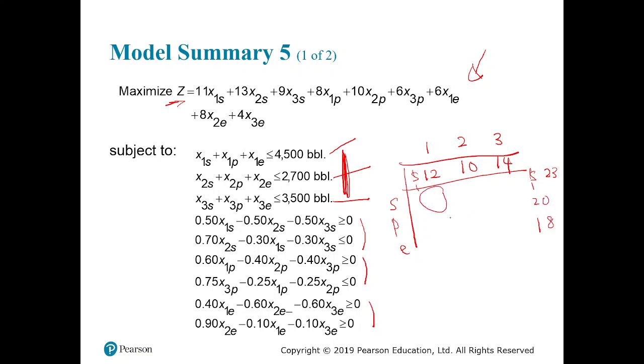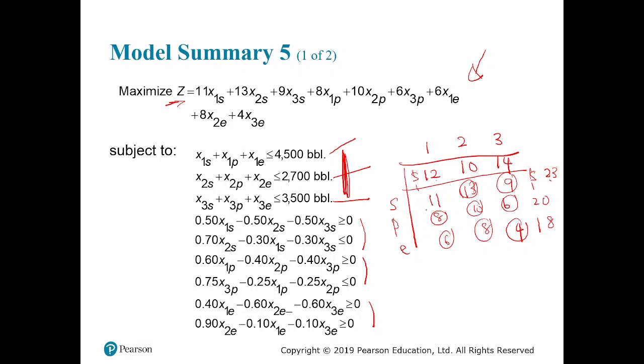So what we want inside these 9 cells is actually the profit, which is taken by the selling price minus the cost. So the first one is 23 minus 12, which is 11. Then 23 minus 10 is 13, and 23 minus 14 is 9, and here you have 8, 10 and 6, and you have 6, 8 and 4.